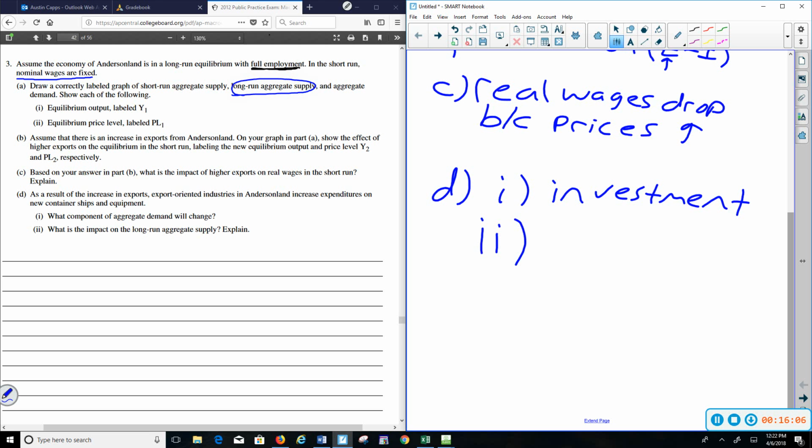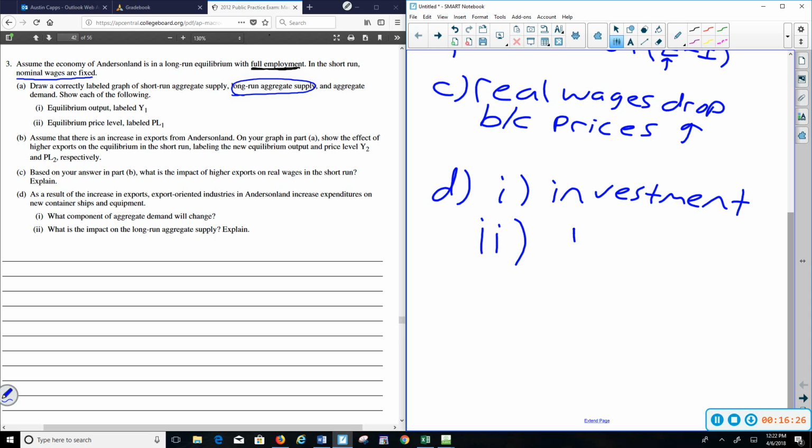And so our potential GDP is increasing. The amount we can produce as a whole is increasing because we've got more tools, machines, whatever, to help us produce more stuff. And so potential GDP is going to shift to the right. And since potential GDP and the long-run aggregate supply curve are the same, then long-run aggregate supply is going to increase.